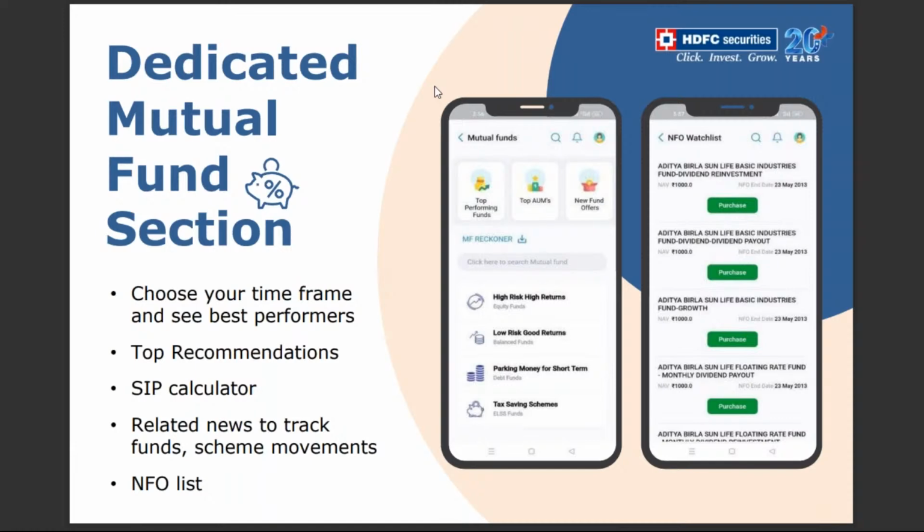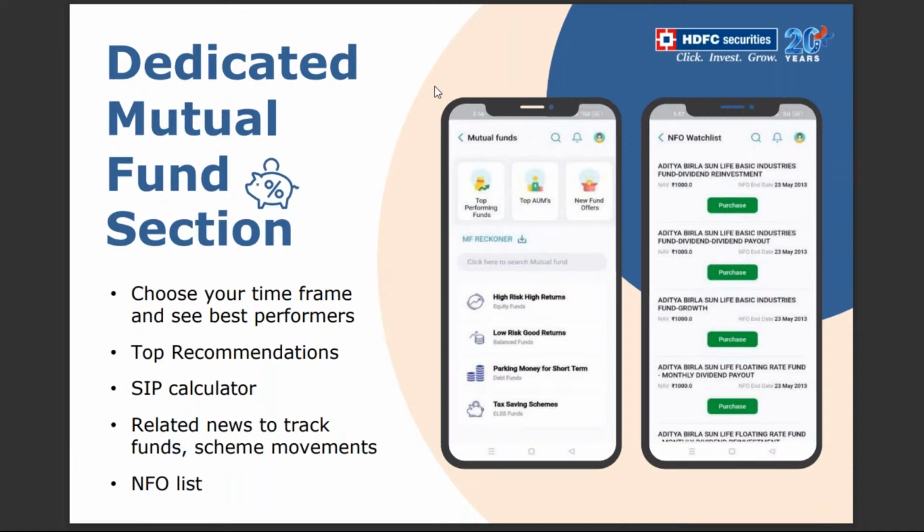So we can get all the details on the particular page so that the customer can take a good decision. This is very important for customers to invest in a proper fund. This is the dedicated mutual fund page where the customer will get all the details about any of the funds, because we have tied up with all the mutual fund companies and we've listed all the funds on this page, so the customer can get a fair idea.